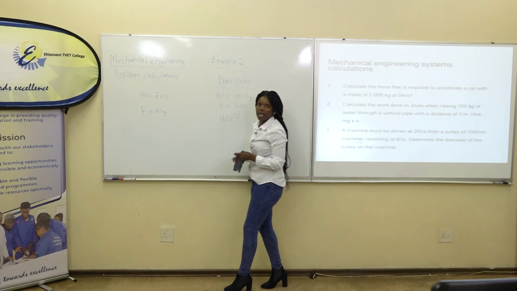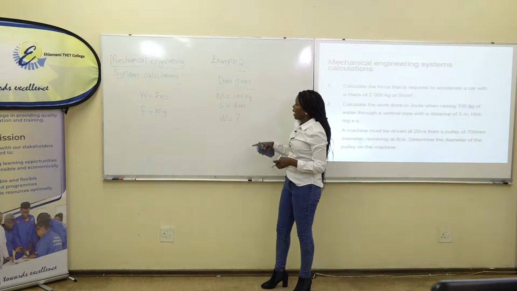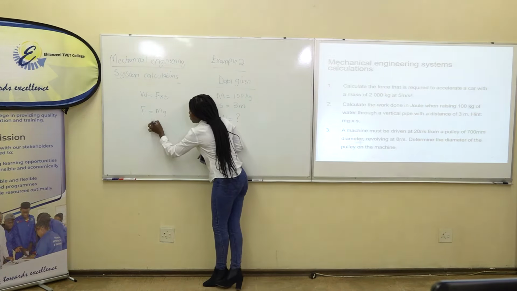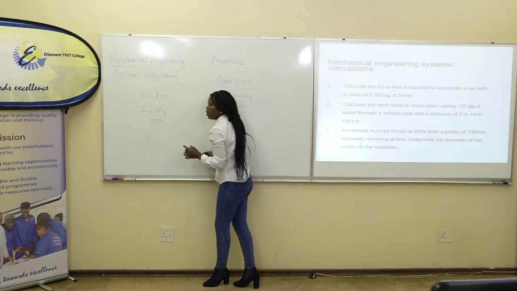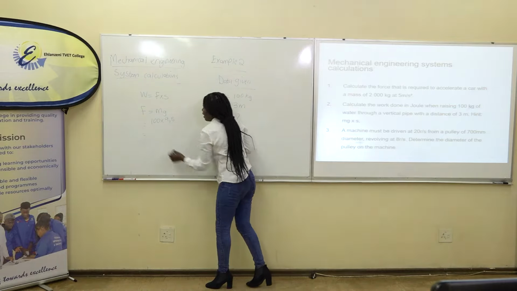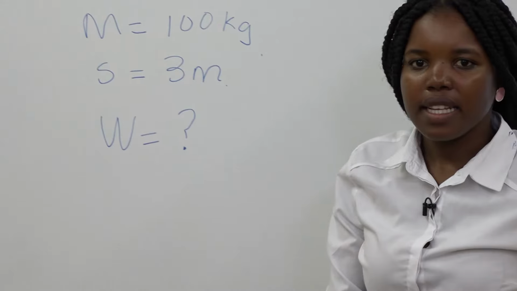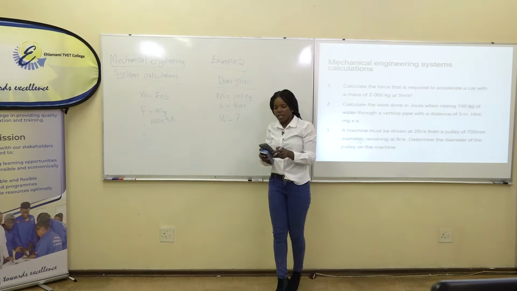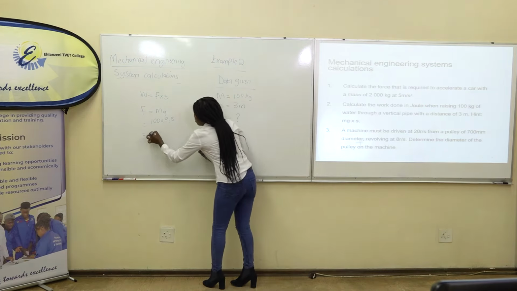So your M, which is your mass, is 100, times your gravity, which is always constant, 9.8.